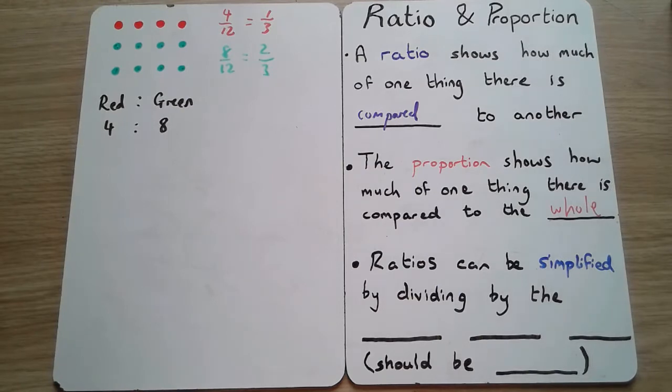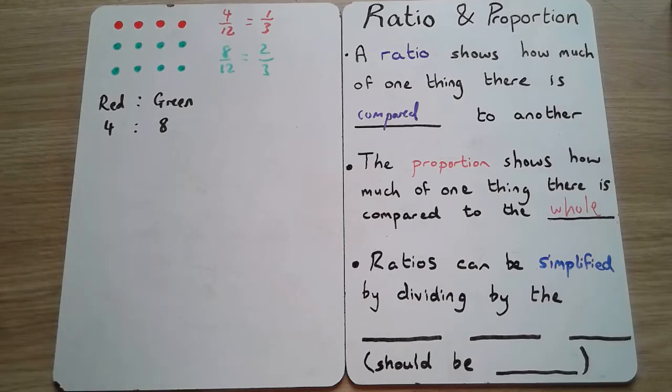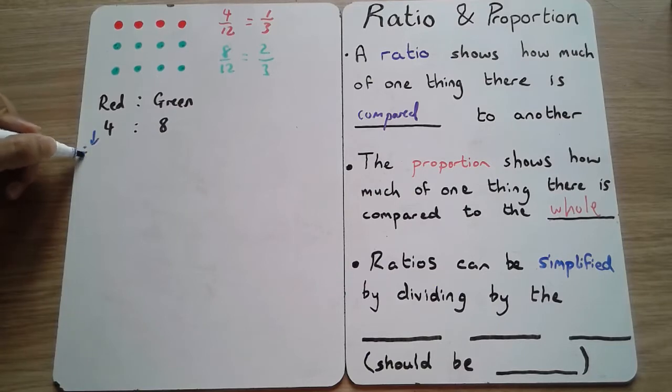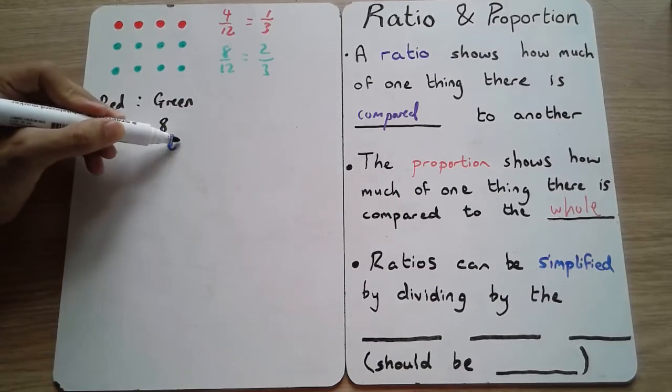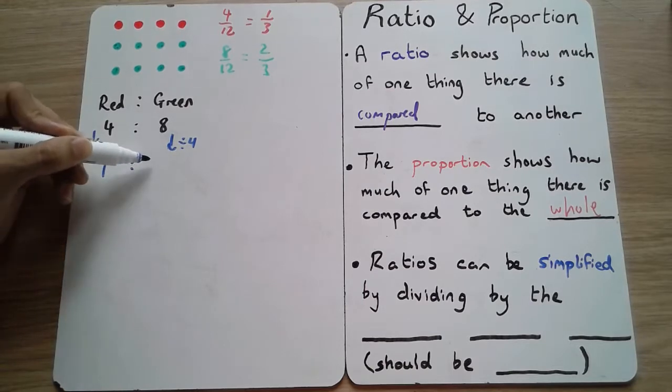Now, we did say that you can simplify ratios, and this occurs by dividing both numbers by the highest common factor. Some of you may actually already see that 4 and 8 are both divisible by 4. I can divide this side by 4 and divide this side by 4, and that gives me a ratio of 1 to 2.